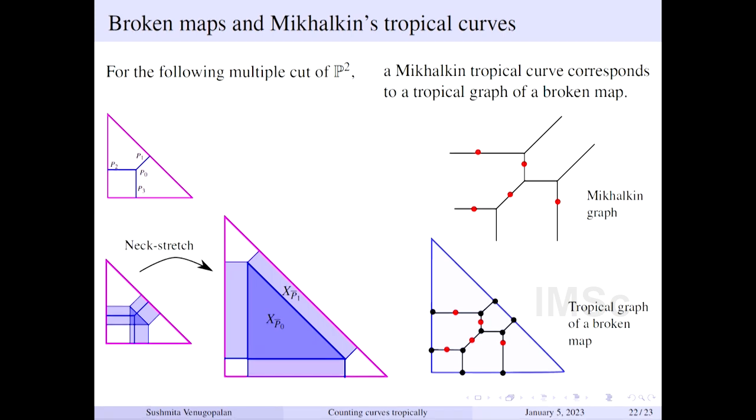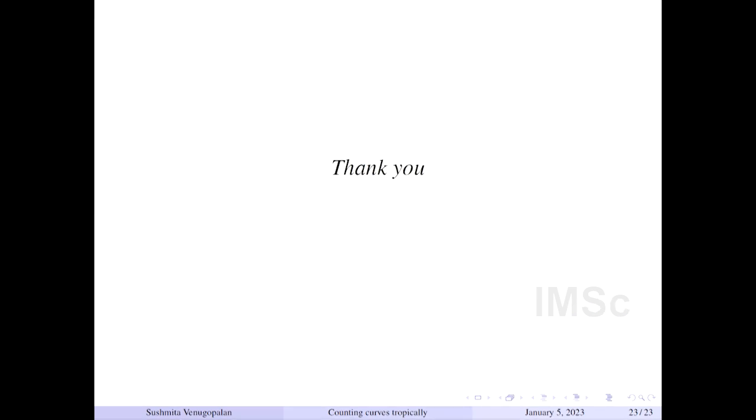The maps for all those vertices are uniquely determined. So this was an example of the story of broken maps and neck stretching, and I'll stop here.